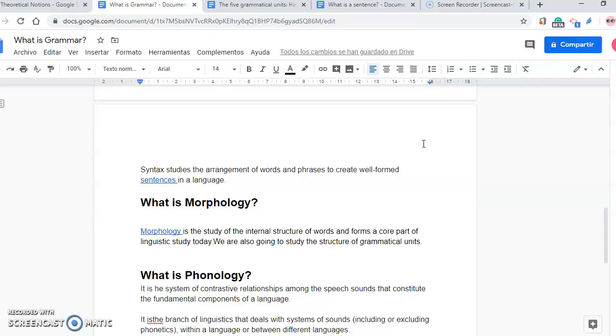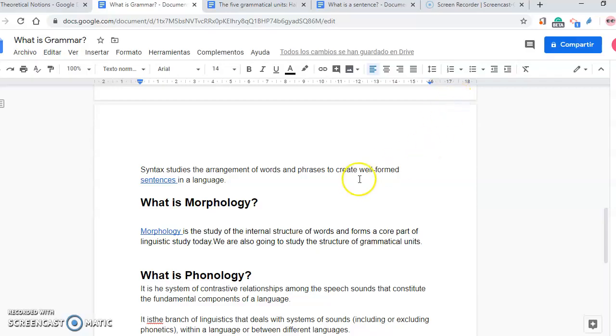What is morphology? It is the study of the internal structure of words and forms, a core part of linguistic study today. And I should say that in this subject, we are going to study words, and we are going to study grammatical units. That is to say, units that stay together when we analyze them.